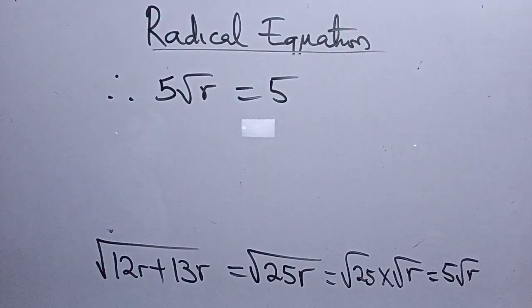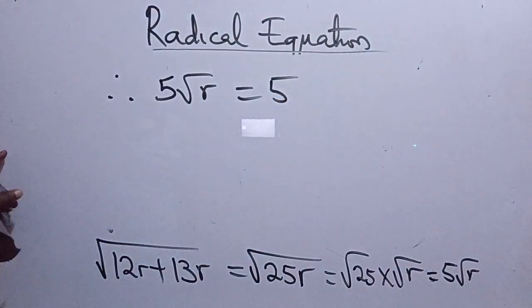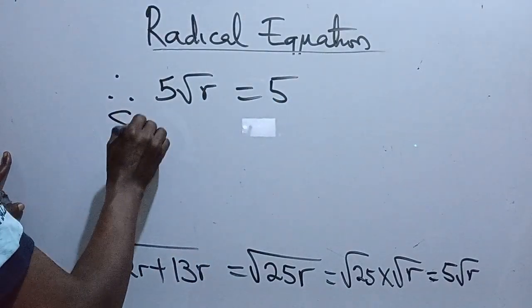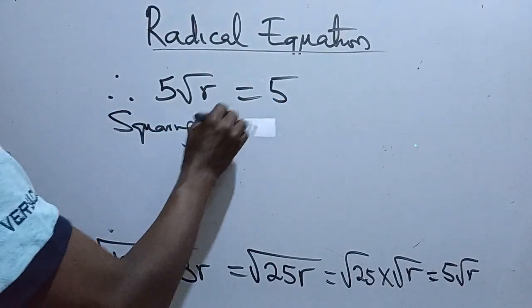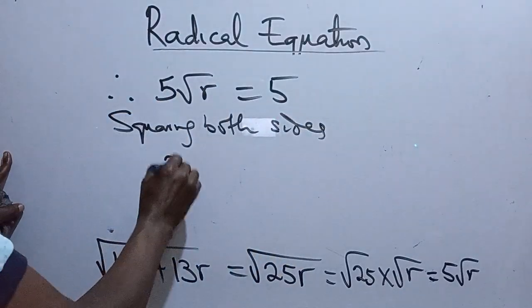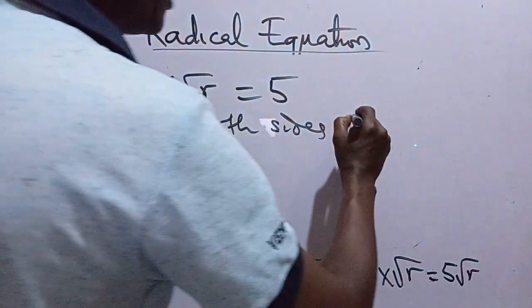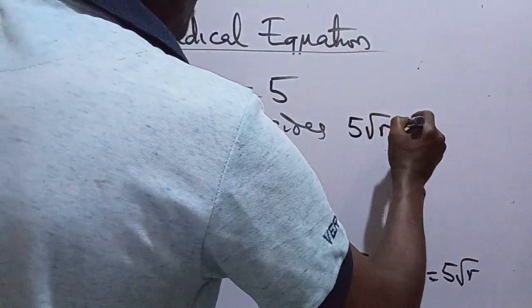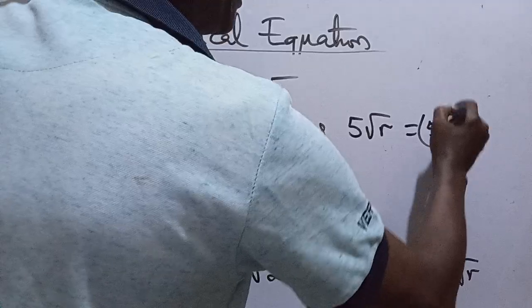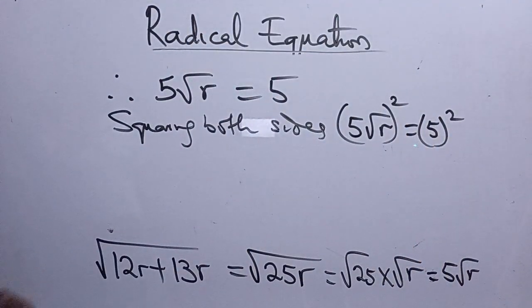There are two ways of doing this. You can actually divide both sides by 5, but you can do it in a better way. Let's square both sides. When you square both sides, now you have what? Let me write it this way. 5 root r is equal to 5, squared on both sides.